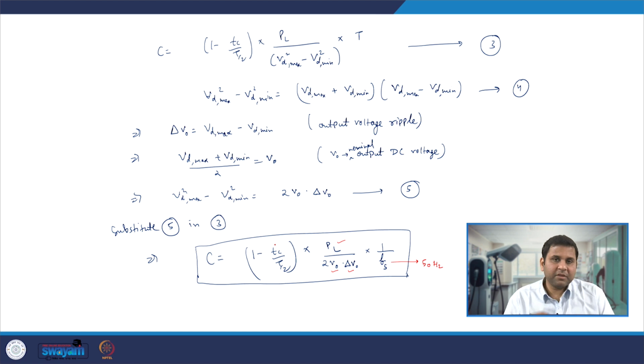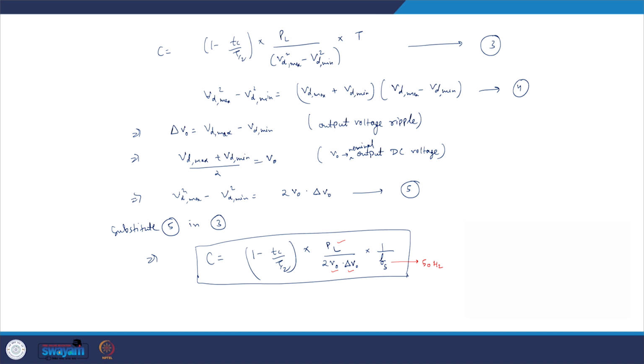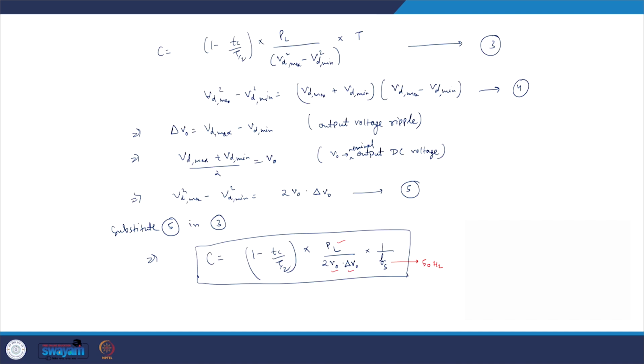This Tc is something which you can define and then calculate capacitance accordingly. That means the time for which you want the capacitor to be charged, you can take as one of the design variables and calculate the capacitance value. Further, we have understood what is the value of capacitance.